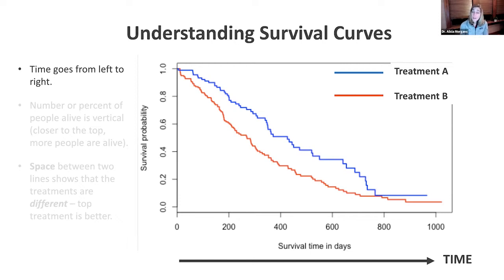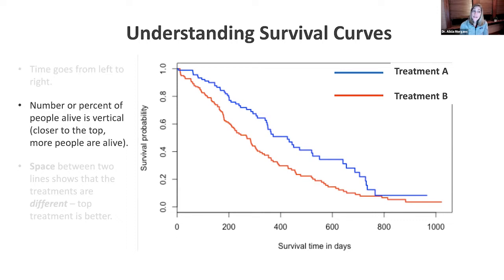Now, the next thing to know as we're looking at this is the number of people, or the percent of people who are alive in this particular clinical trial are going to be represented on that up and down vertical axis on the left. And this shows that the higher the curve is, the more people are alive over time.